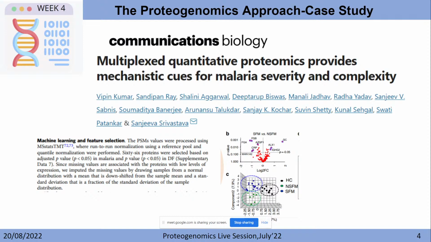Here it was labeled data. After the software identified the proteins, run to run normalization was performed using a reference pool.